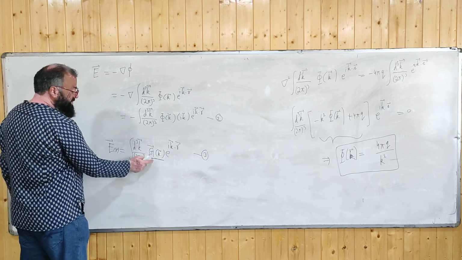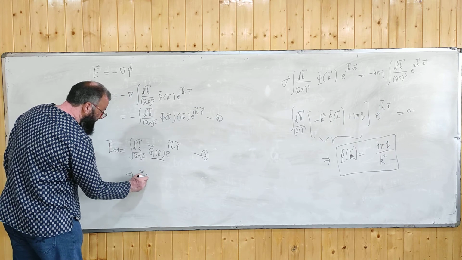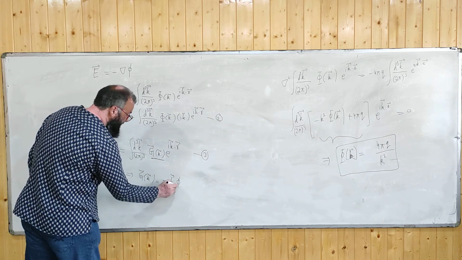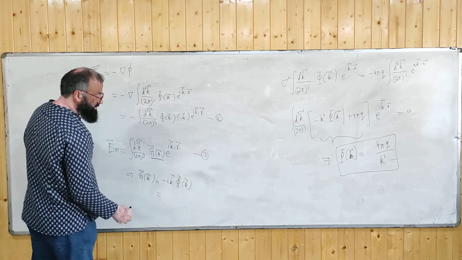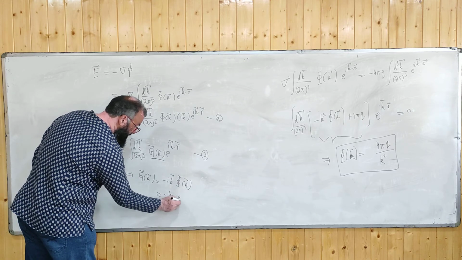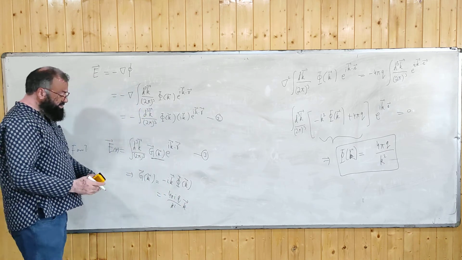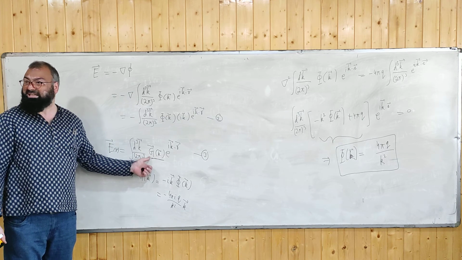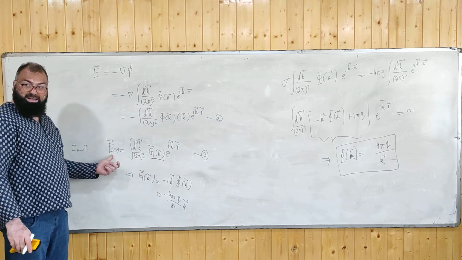G of k is simply equal to minus i k phi of k. How much is phi of k? Phi of k is 4 pi q by k square. So it's minus 4 pi i q by k square times the vector k. This G is the electric field in Fourier space, or in momentum space.